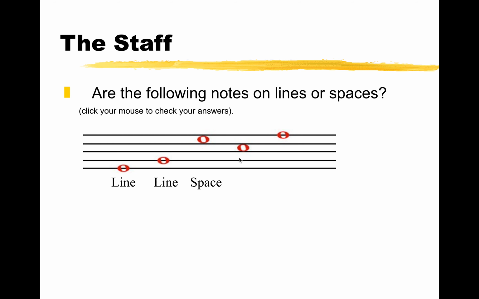And we have another note over here. That's also a space note. And one more. What do you think that one is? It is a line note. So once again, make sure you understand whether notes are on a line or a space. That will be very important to being able to read notes.